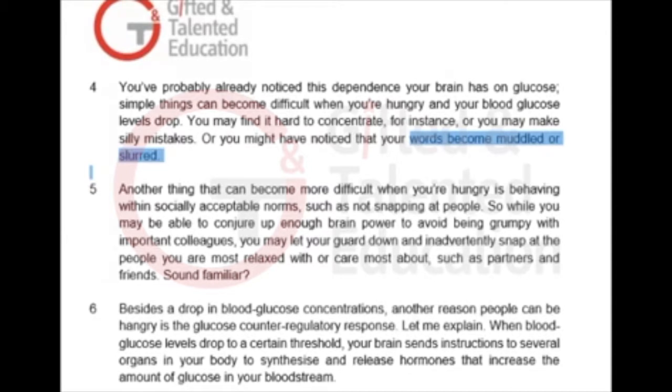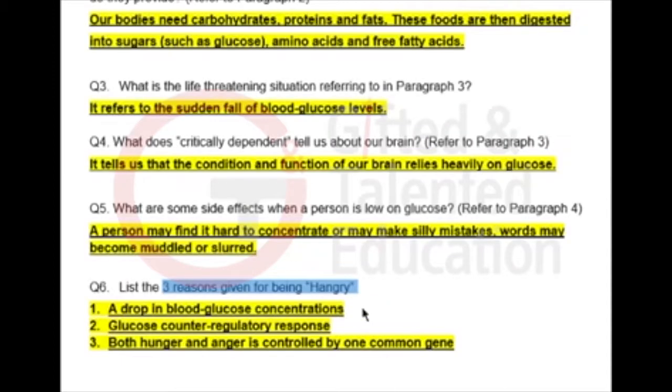First of all, let's zero in on the keywords. Reason that people can become hangry. And the first one is definitely a drop in blood glucose concentrations. There you go. A drop in blood glucose concentrations, which also means a drop in the levels of your blood glucose.